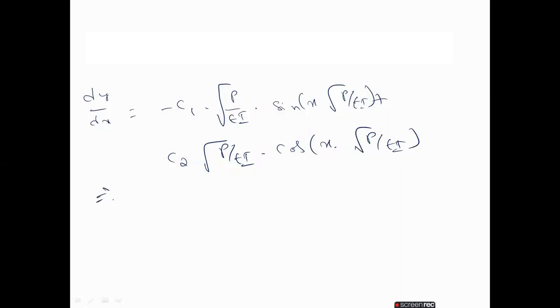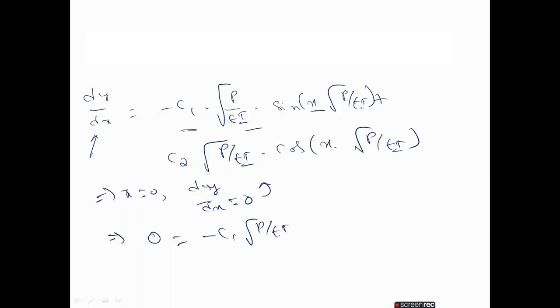Now substitute x equals 0 and the slope dy/dx equals 0 into the above equation. So dy/dx is 0, equal to −c1 √(P/EI) sin 0 + c2 √(P/EI) cos 0.